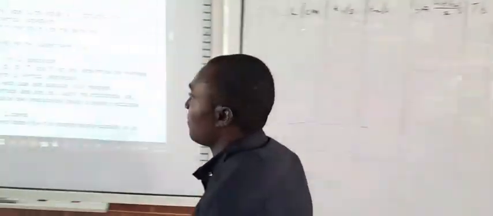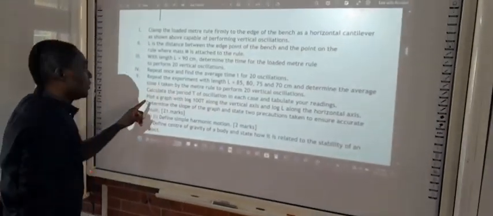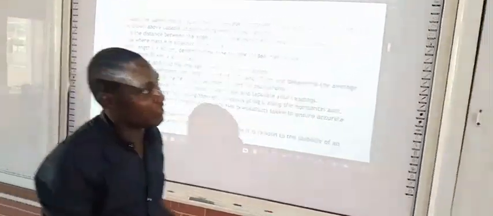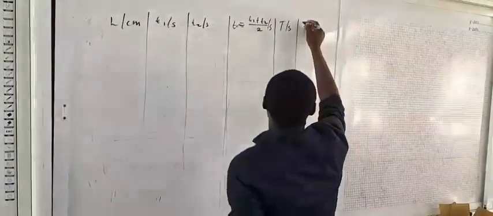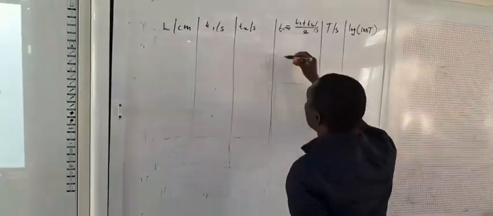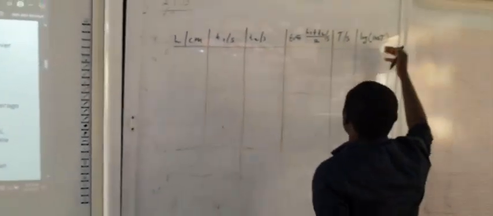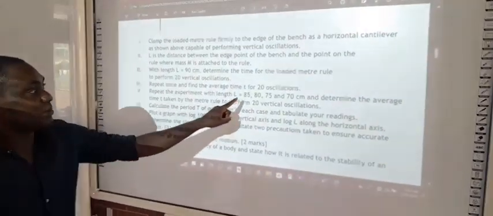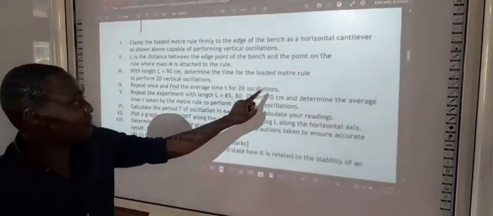Then we are going to plot the graph with log 100T. So there's going to be log 100T on this part here. Log 100T. So there's no unit for that because that's just an ordinary number. So that's how my table is going to look like. So my L is 90 cm. I'll repeat the experiment for 85, 80, 75, 70.